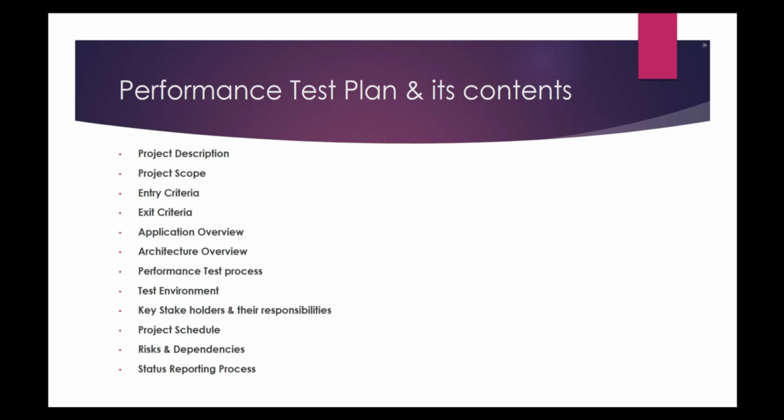The architecture overview contains the details about the current architecture that we have for our application. Performance testing process includes the description of user scenarios, the performance testing tool that we will be using for injecting the load, user ratios and think times, and a ramp up and ramp down pattern.